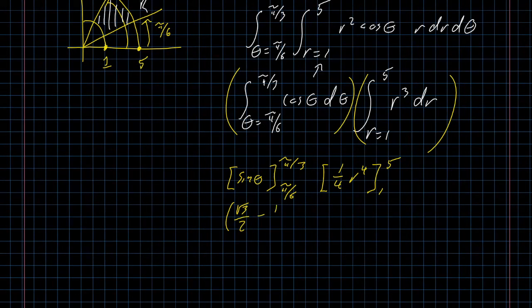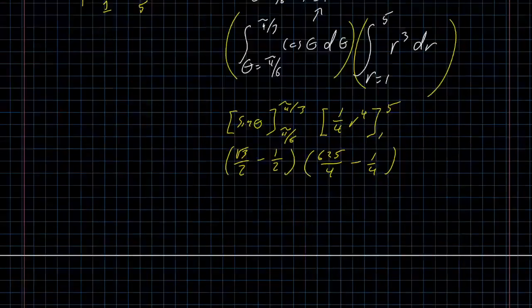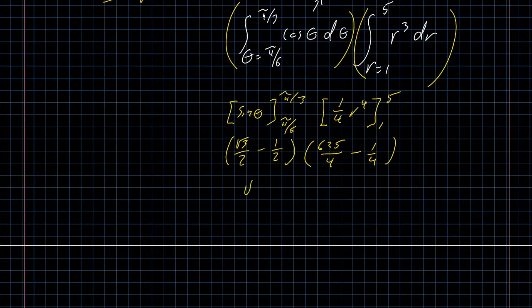Sine of pi over 6 is 1/2. 1/4 times 5 to the fourth power is 625 over 4. And 1/4 times 1 is just 1/4. So we've got square root of 3 minus 1 all over 2 times 624 over 4. 624 is definitely divisible by 4.